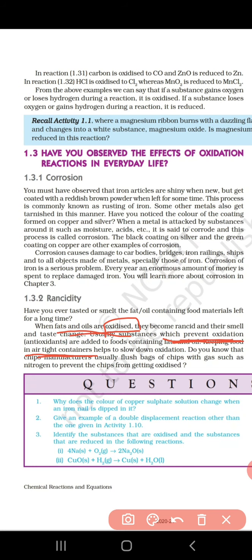So that's why for prevention of oxidation, we keep such food in an airtight container.